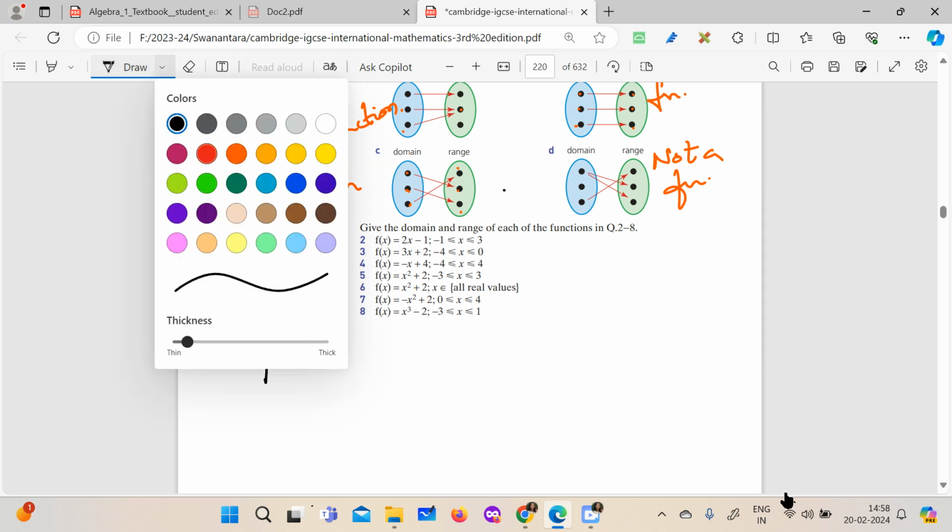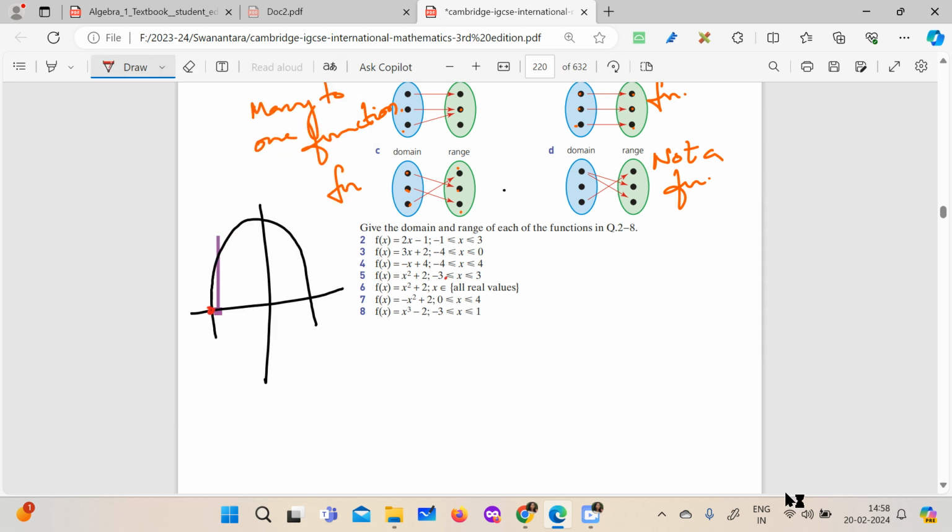So you understand that from here to here are my x values, right, beta? Yes, ma'am. And from here to here are my y values. Suppose this is 0, minus 1, minus 2, 1, 2, and on the y axis 1, 2, and 3.